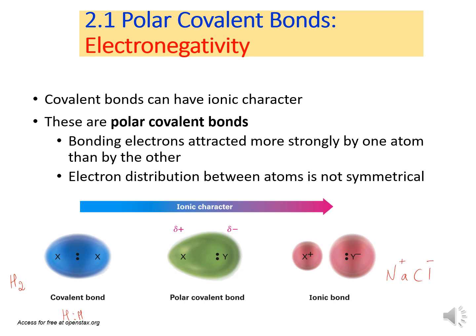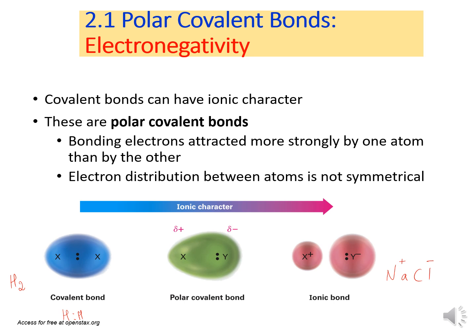However, there are a large number of compounds which lie in between these two extremities, and they fall under the category of polar covalent compounds. And polar covalent compounds are those compounds which contain polar covalent bonds. And what are polar covalent bonds?